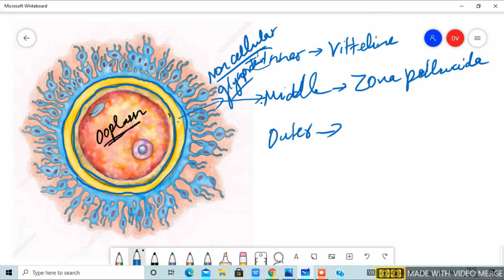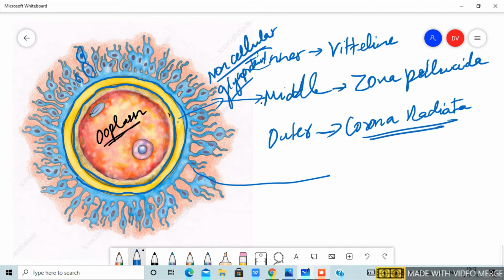And then surrounding the zona pellucida, you can see these follicular cells or the granulosa cells. They are arranged in the radial form, like this, radially. So we call the outer region the corona radiata.